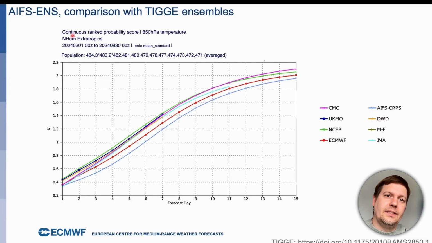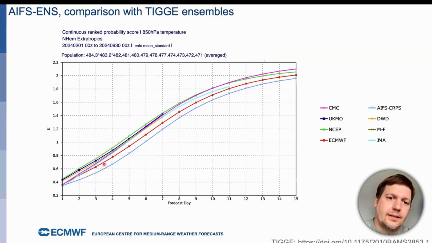To show this even more, here we compare the AIFS ensemble against the TIGGE ensembles, a database of ensemble forecasts from different global ensemble forecasting centers, for example, ECMWF in red, but also the German Weather Service and so on.